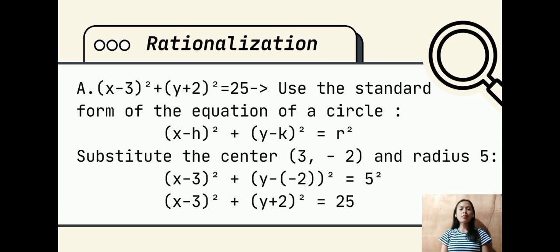Substitute the center, we have 3, negative 2, and radius 5. We have quantity of x minus 3 squared plus quantity of y minus negative 2 squared is equal to 5 squared. Simplify, we have quantity of x minus 3 squared plus quantity of y plus 2 squared is equal to 25.